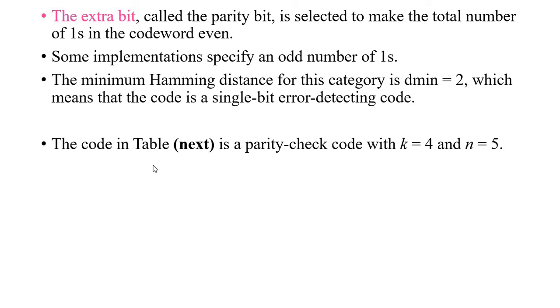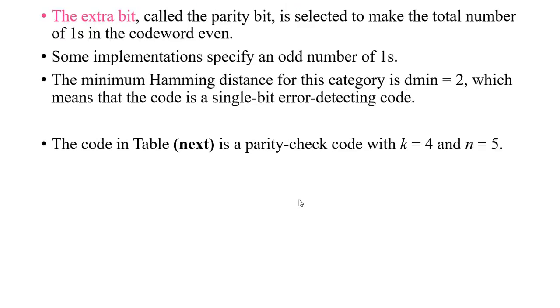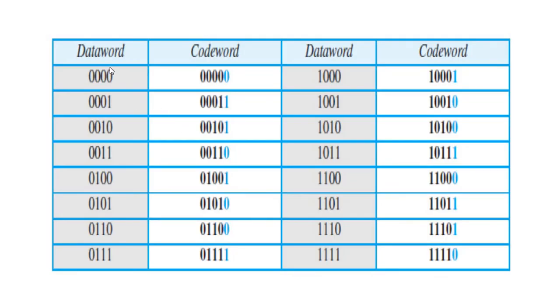Now we can see a table where k equal to 4 and n equal to 5. k is the data word content, and n is the code word content. Here the data word and code word for parity: here all zeros, so we are adding a 0. Here 1, and we need to make it even parity, so we add another 1 so that the number of 1s is even.